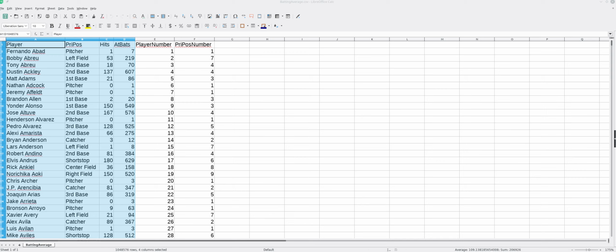However, in this case, these are actual data, so if you're familiar with baseball, I'm not very familiar, but from what I understand, not every individual gets to bat the same number of times.